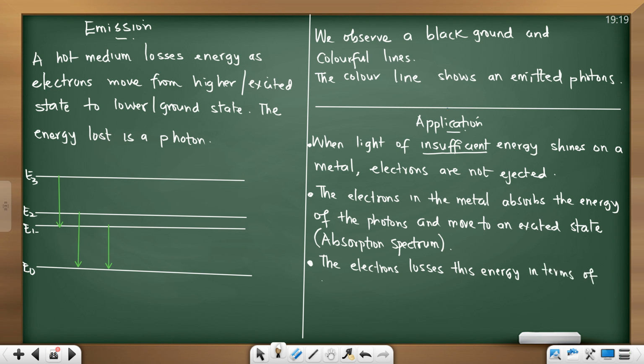And what is this? Remember, photons is what? Light. And this is known as what? Emission what? Spectrum.